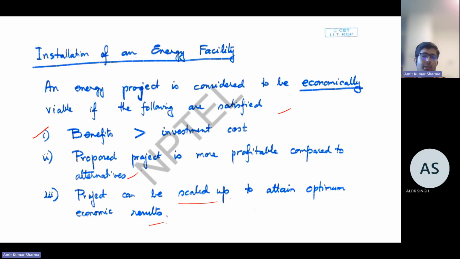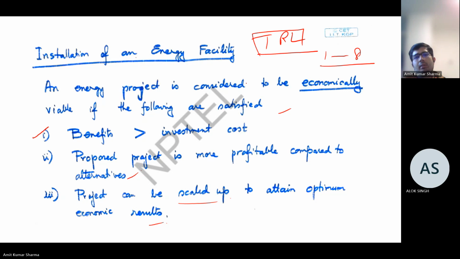Then bench scale to a small demo, then from demo to proof of concept, then proof of concept to further R&D, and finally the market, or finally commercialization. So these are also TRLs, technology readiness levels. I think these vary from 1 to 8. So 1 is a very early stage, like inception. 8 is commercially viable and available.